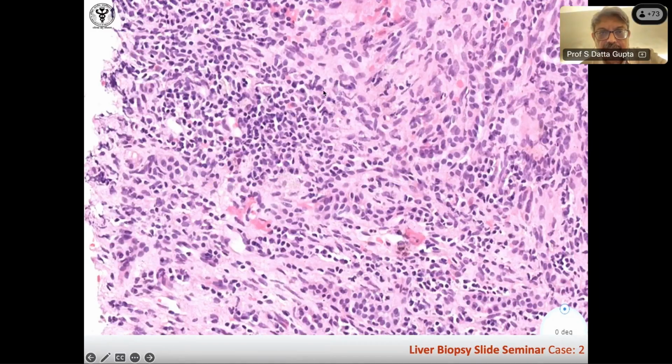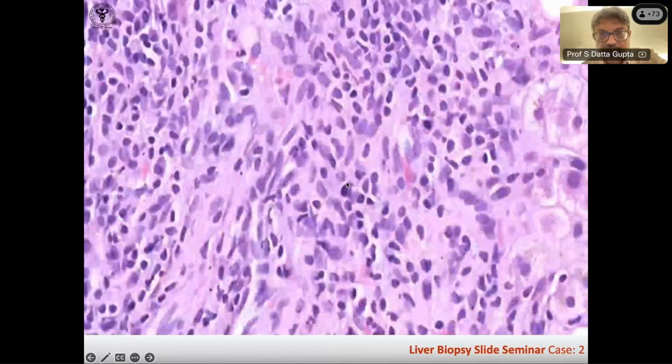Yeah, you see, this looks like a plasma cell. Yes, this is a plasma cell. There are some plasma cells, some in small clusters, plasma cells and lymphocytes, right? So there are clusters of plasma cells here. There are lymphocytes. This is a neutrophil.